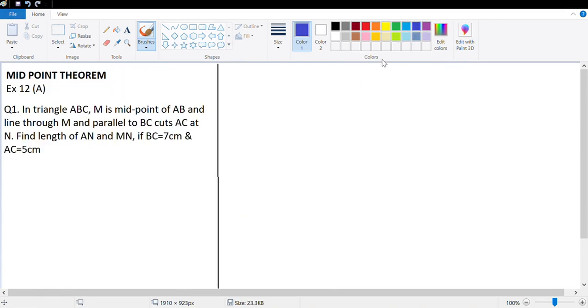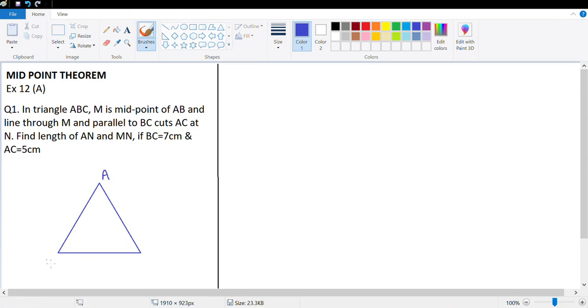So let's look at question number 1 of our exercise. Question number 1 says, in triangle ABC, M is midpoint of AB. Like I said, you will get a lot of questions where the diagrams will not be given. So in our second exercise of triangles, we try to learn the skill of drawing diagrams.